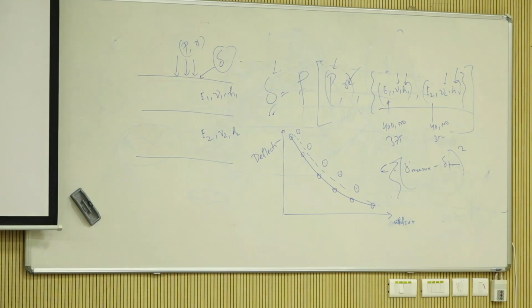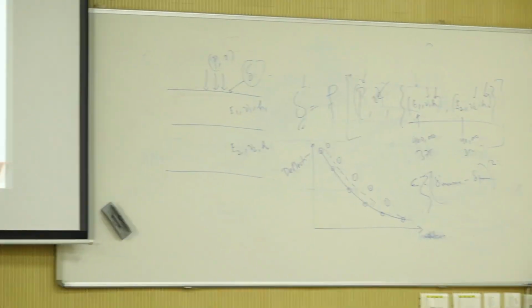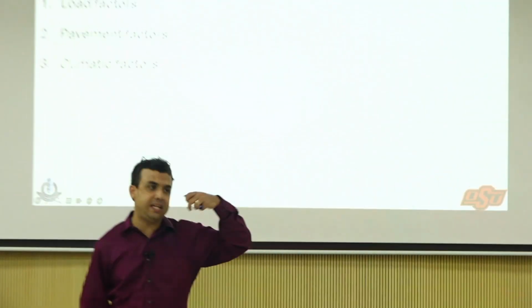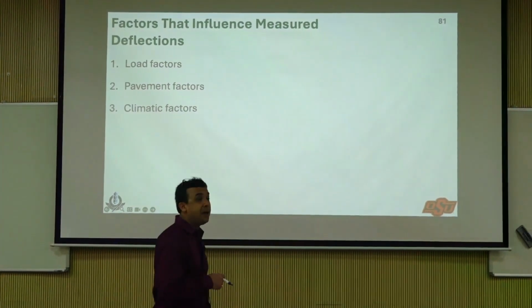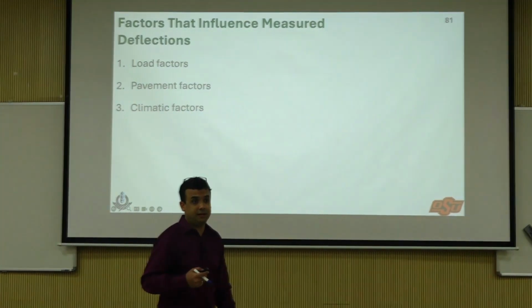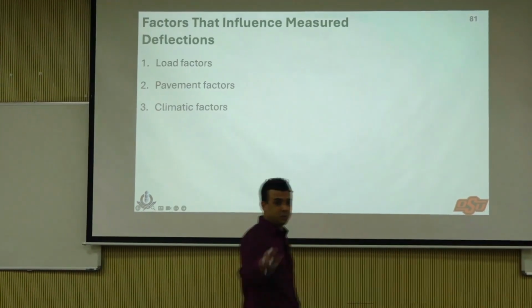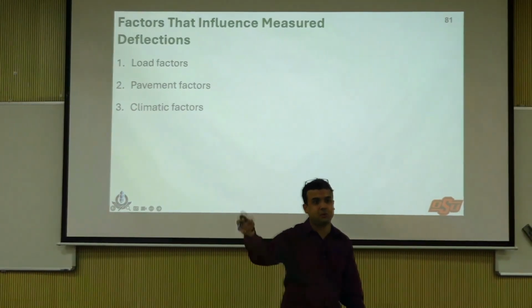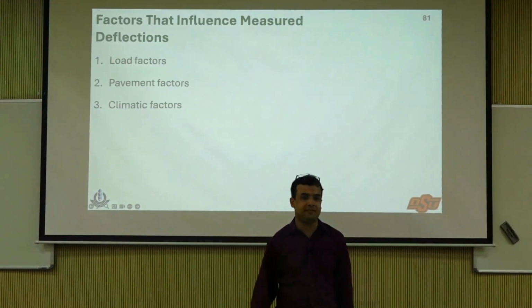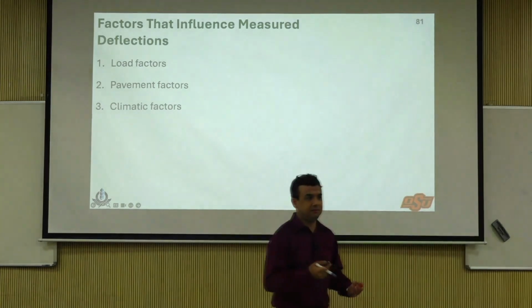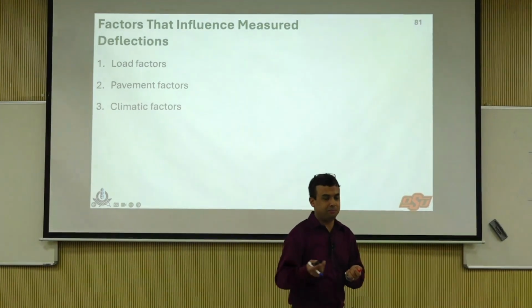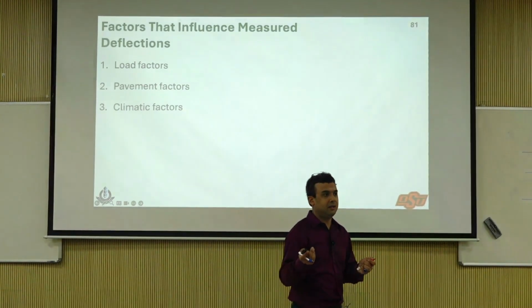What are the factors that are affecting load? Yes, pavement factors: there are layer properties, layer thicknesses and all of that. The climatic factors, right? If you go to Bhubaneswar and test in December versus in mid June, your deflections are going to be very different, because asphalt is a stress sensitive, temperature dependent material, right?